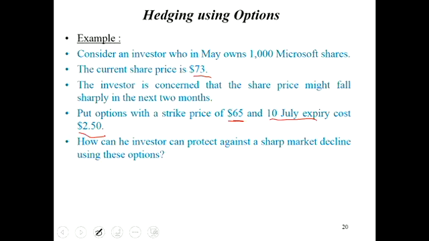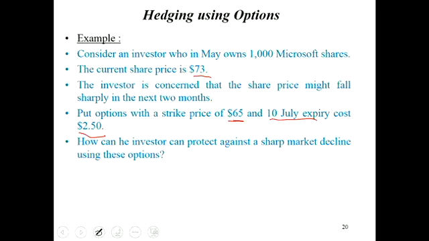So if you're right, and the asset, in this case Microsoft, drops as you expect, then you can protect yourself with an option. But of course, if it doesn't go down, your option will lapse without value, and you lose your option premium.